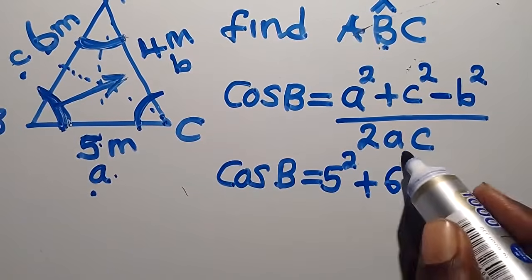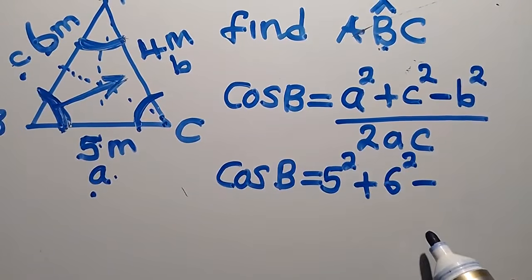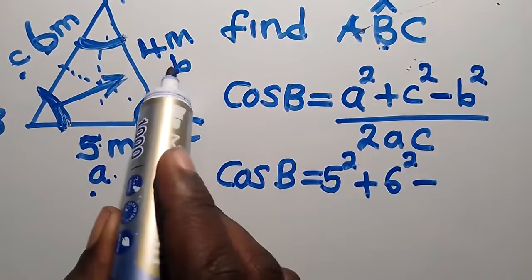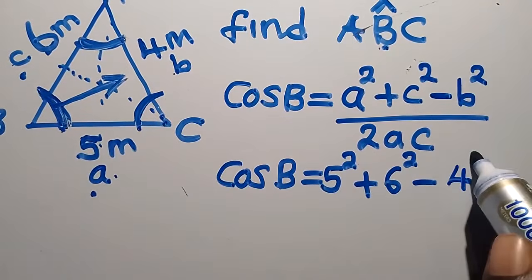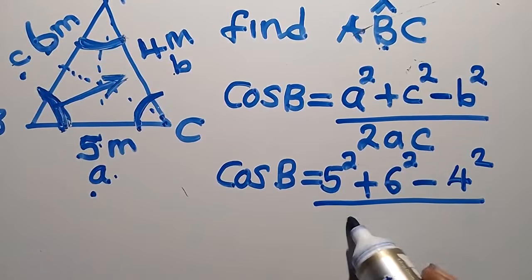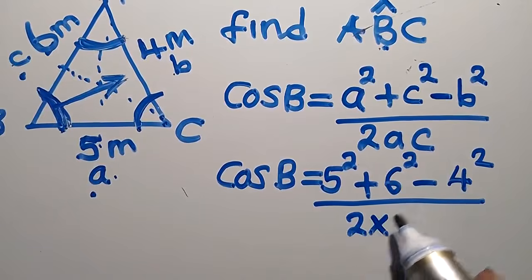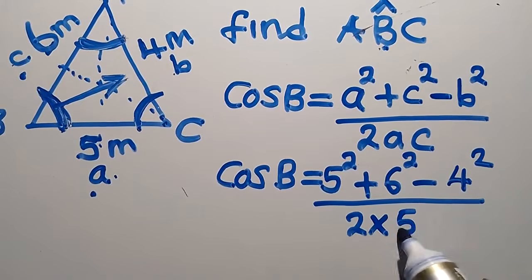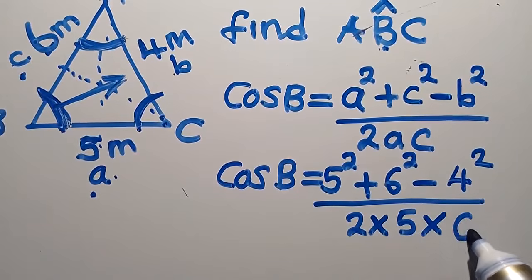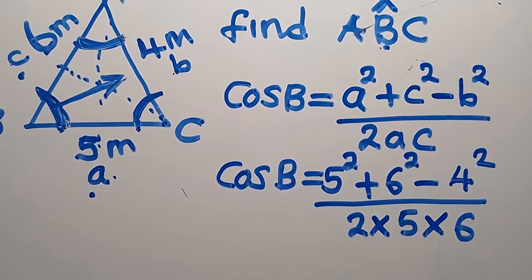So 6 squared minus B squared. What is B? B is 4. So 4 squared. You say over 2, then multiplied by A. What is your A? 5. Multiplied by your C. What is your C? 6. This is what you are going to do.